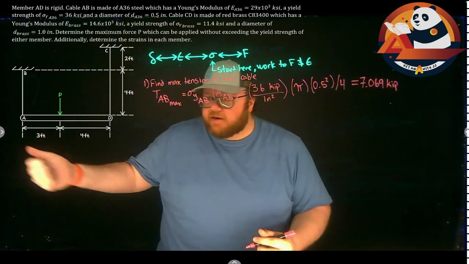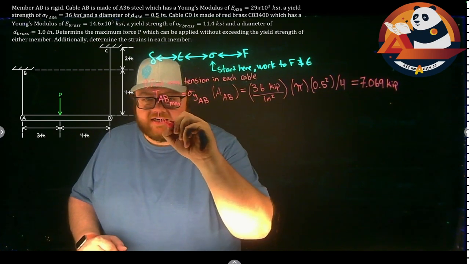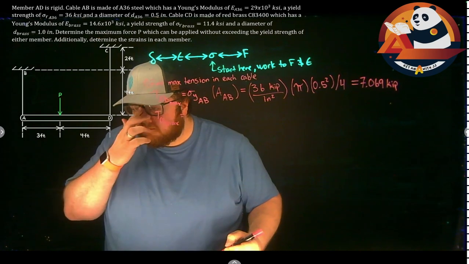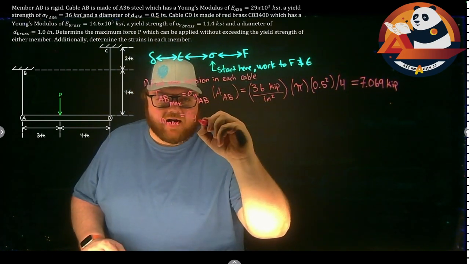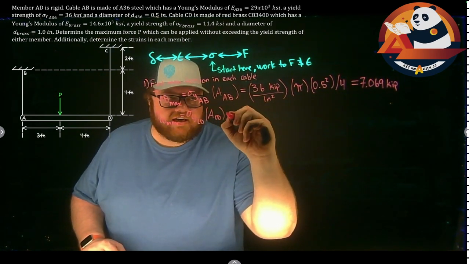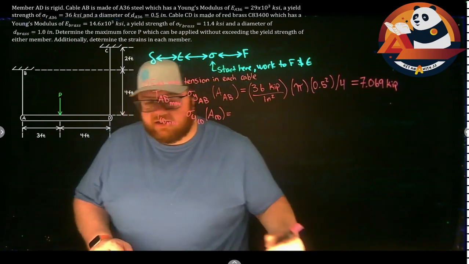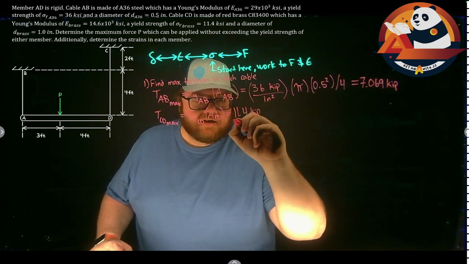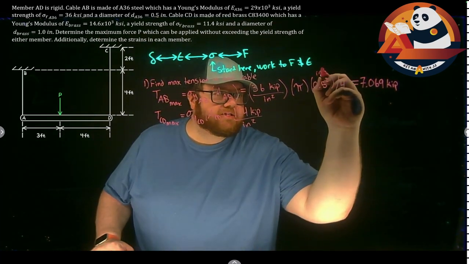So that's going to be one of my two potential max forces in here. But let's check the other one. My TCD max, the maximum tension in CD, should be, now I work with sigma Y in CD times an area of CD. My sigma yield is 11.4 kips per inch squared. I should document this was inches squared.